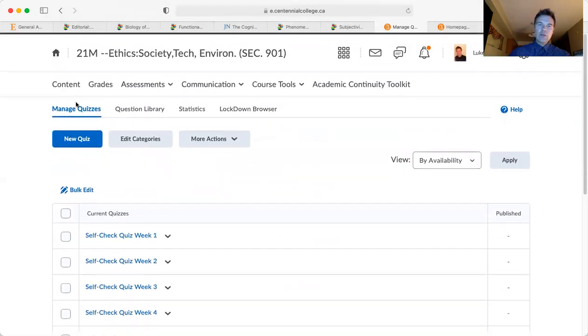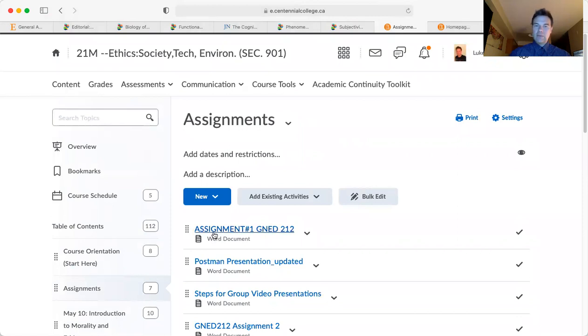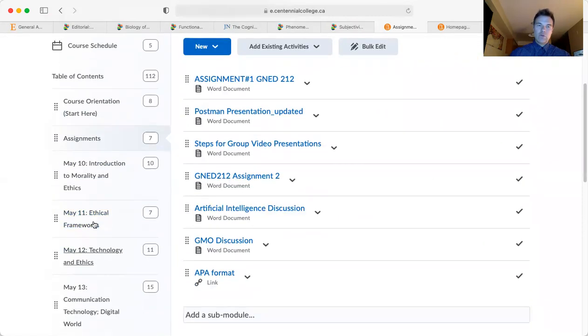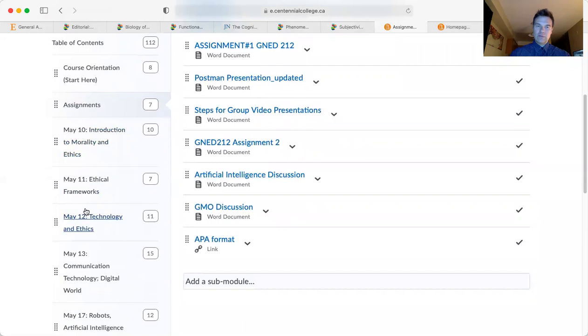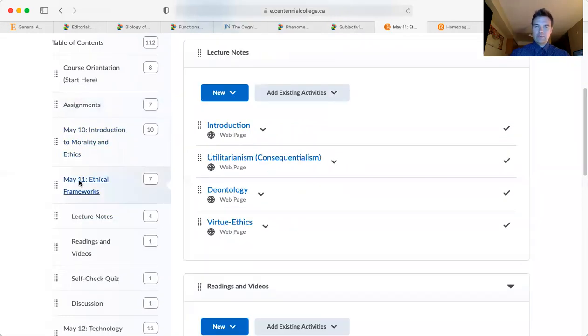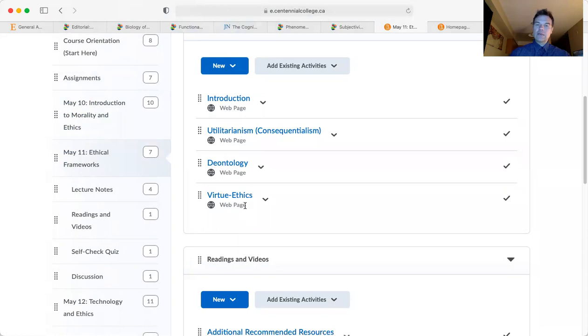So in order to do well on the online quiz and assignment number 1, you need to focus on the first 3 weeks, especially the morality and ethical theories, such as utilitarianism, deontology, and virtue ethics, because you will use one of these theories to solve a dilemma. That is basically the task for assignment number 1. It's solving a moral dilemma.